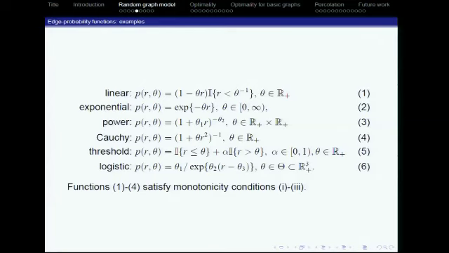There will be decay to 0 at some level theta, and then probability will be 0. Exponential decay, power, Cauchy decay, threshold, and threshold is a profile where links always appear if distance does not exceed a certain level, and then they only appear with some probability alpha, where alpha might well be 0, and then you have a proximity graph.